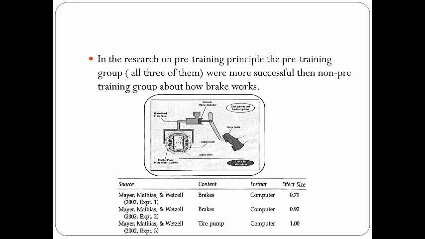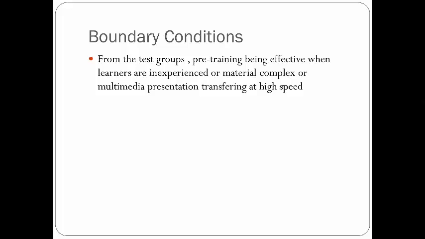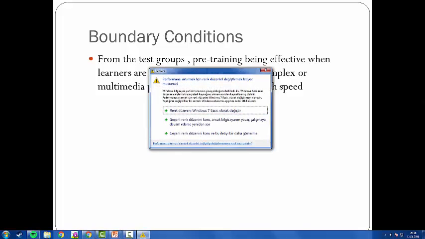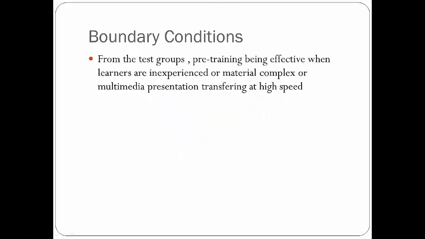There is also one more example about the geology game, and it's also effective for the pre-training group because learners know what is going on. On the boundary condition, the test groups show pre-training is effective when the learners are inexperienced, the material is complex, or the multimedia presentation is delivered at high speed, like I explained at first.